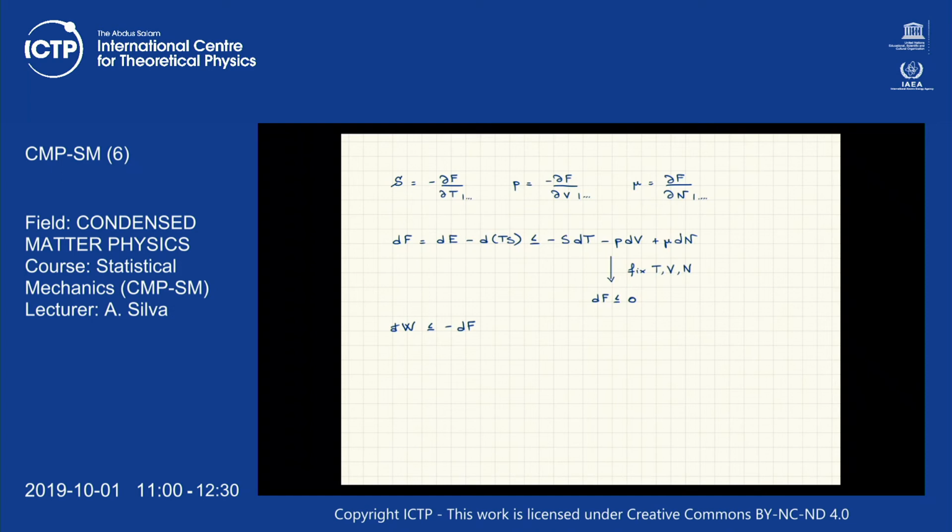Some of you might have seen this relation written the other way around. It depends on your conventions for work, etc. So this is the work done by the system, and that's why you get this minus sign. All right, so these are the two important relations.